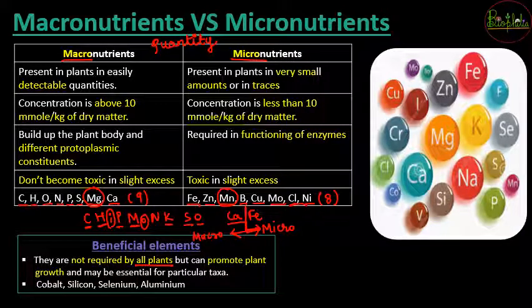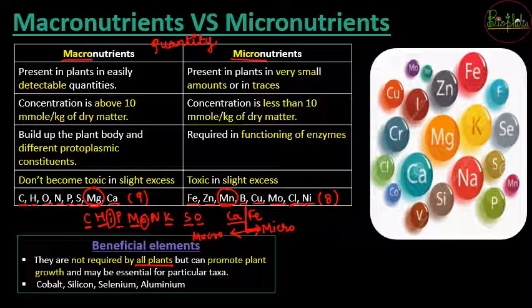So if they are absent, then the plant is not going to suffer. But if they are provided, then it is going to be a special advantage for that particular plant. So these elements which are a special advantage in the presence and do not harm the plant in the absence are nothing but beneficial elements.